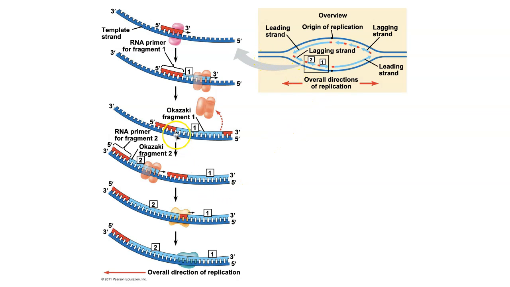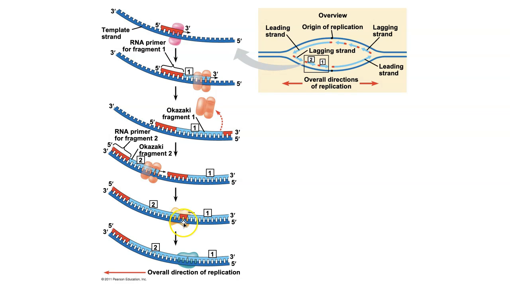So we have these two fragments that are sitting here, and they're not connected. Of course, we need them to be connected. We have another enzyme called DNA pol 1. That's this yellow enzyme. DNA pol 3 is the pink one that's elongating. DNA pol 1 is removing the primers.